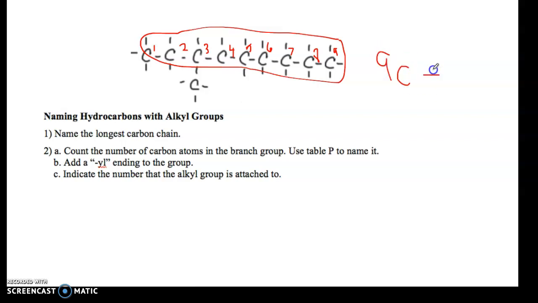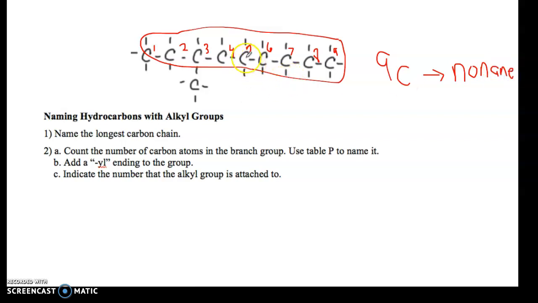Now that I have 9 carbons, I'm going to look at the reference table to find out what the prefix is. Now, I need to finish the end of the name. So do I see a single, a triple, or a double bond? Looking through these, I only see single bonds. So that means I'm going to end in A N E.